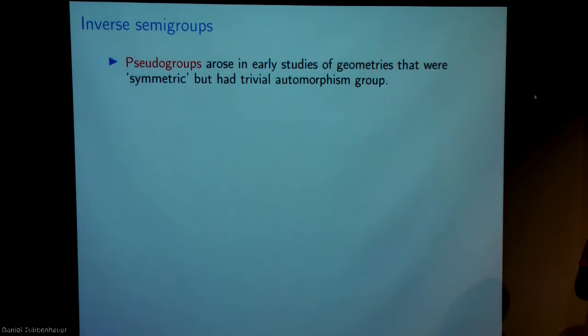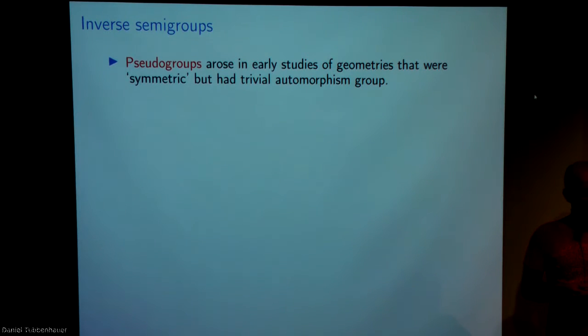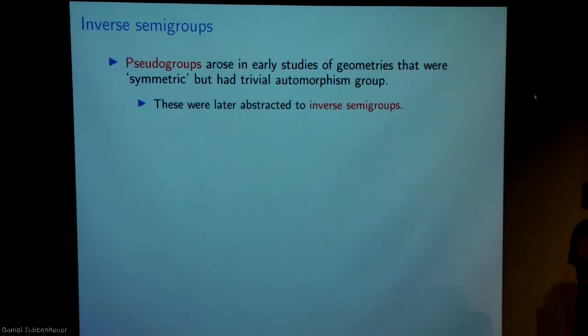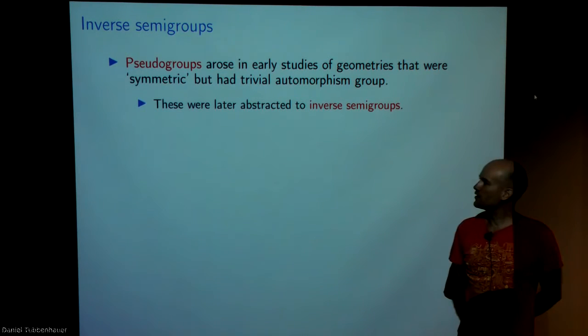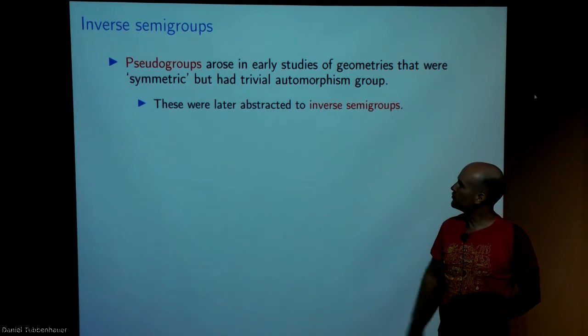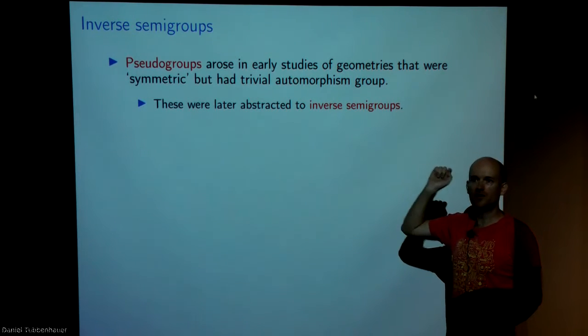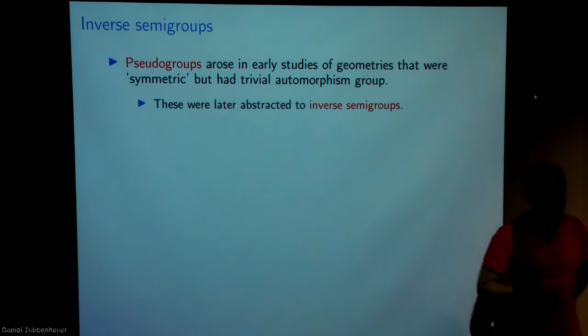And people were trying to work out, well, what does symmetry mean if there's no non-trivial groups? And mathematicians came up with this idea of a pseudo-group, which is apparently hard to pin down a definition for. But eventually these came to be known as inverse semigroups. Pseudo-groups are kind of like inverse semigroups where you think everything is a homeomorphism or something like that.